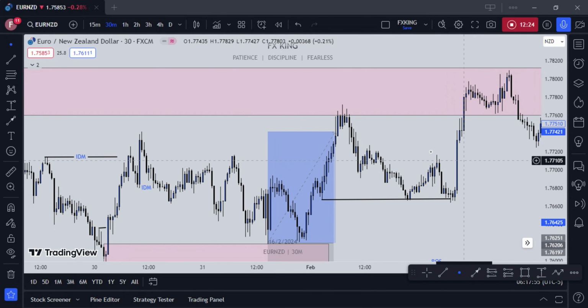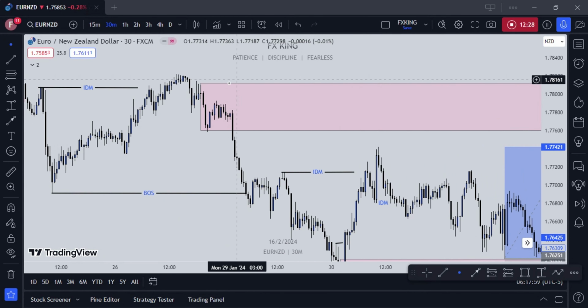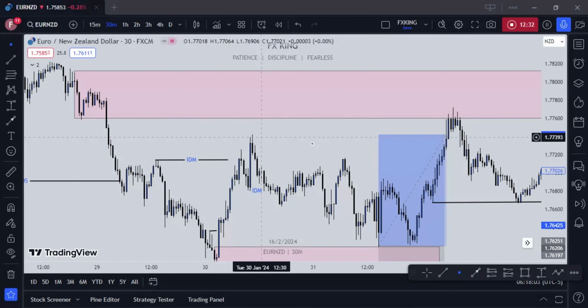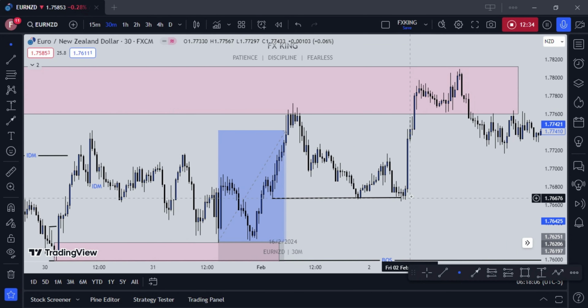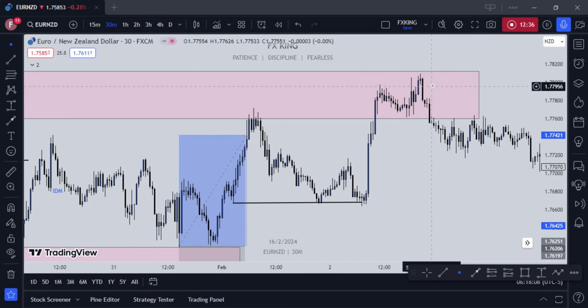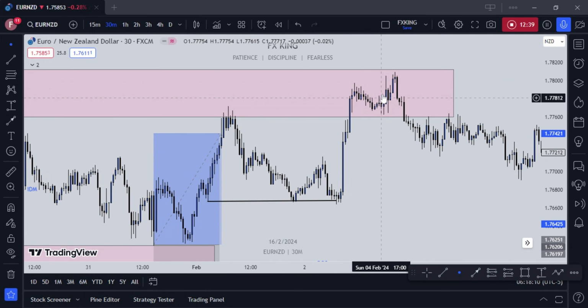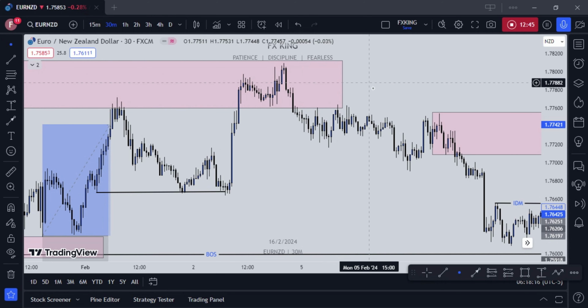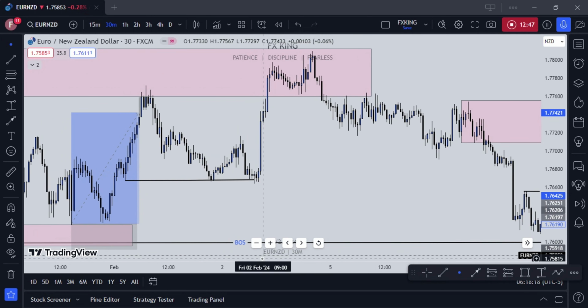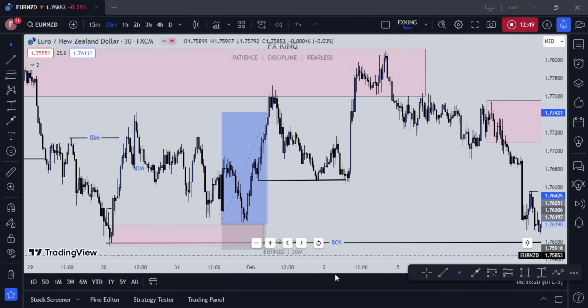You could have bought here, targeted this, but make sure that your target doesn't go above this higher time frame POI here. Now when price taps into this higher time frame POI and gives us a CHoCH like it does here, you can start looking for your sell opportunities to target the downside.